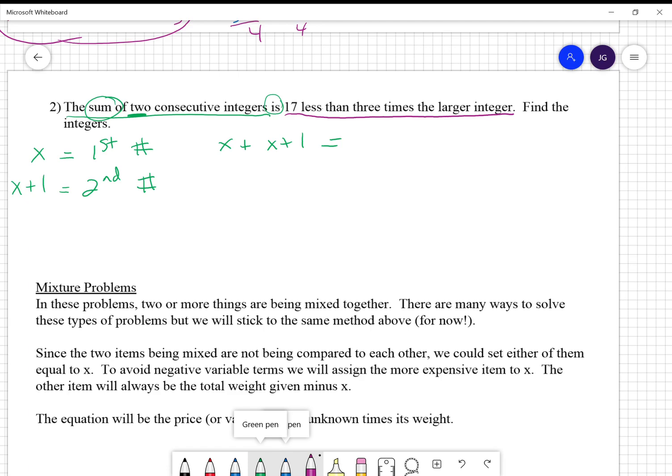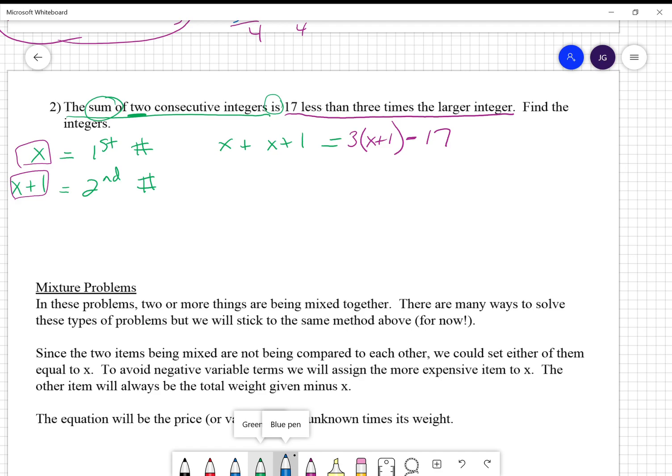Well, 17 less means take away 17. Which one is larger, x or x plus 1? Yeah, x plus 1. 3 times x plus 1. I need parentheses because it's not just 3 times x. It's 3 times x plus 1.